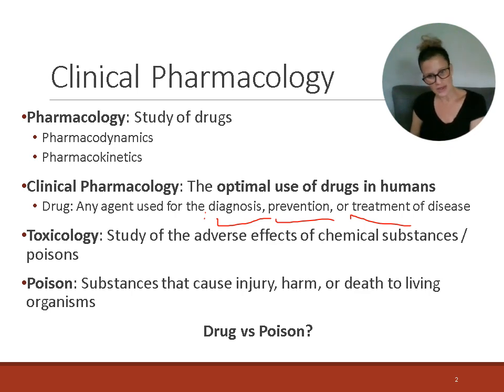If I have an infant, they can tolerate much less water than I could as an adult, right? So there are patient characteristics that make them more susceptible to being harmed by that specific agent. In this case, I'm talking about water, but any drug could be considered a poison.